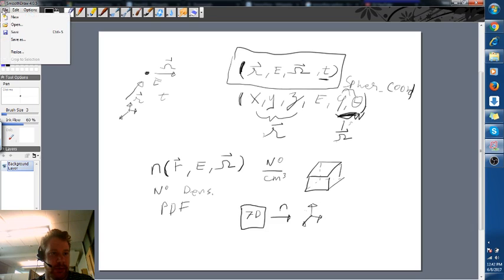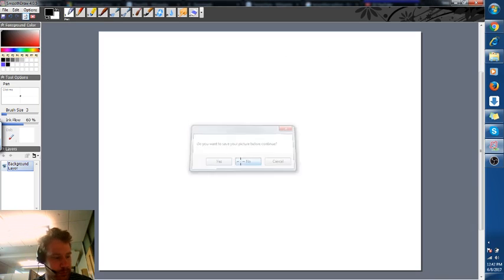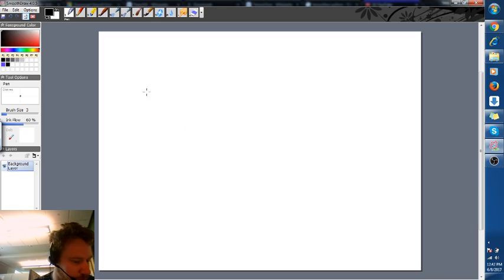Sorry, let me just erase the screen here. So now that we have an understanding of the neutron density function, let's talk about flux.